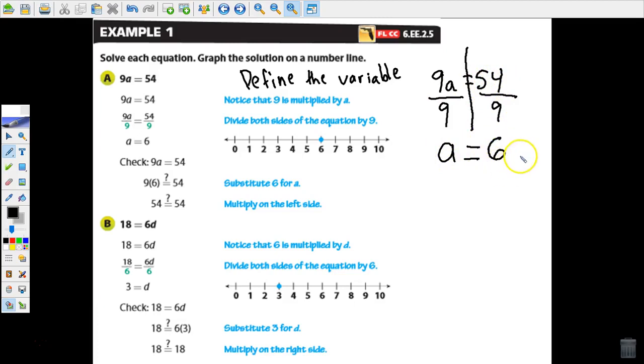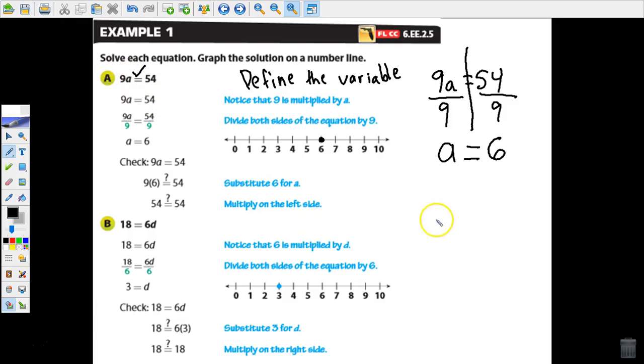So my answer is a equals 6. So we take this 6, we plug it on the number line, and then if we want, we can check. I mean, obviously we're super smart, so we know, but just checking, we take 6 for a, we plug it back into the equation. So 9 times 6 equals 54. That gets the check mark of approval, and bingo bango, we move on to the next one.